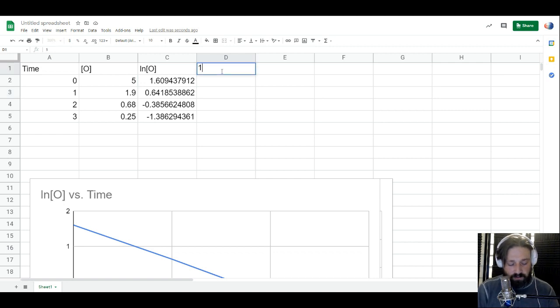For the sake of completion, though, let's go through and do the reciprocal of these. Again, you can do this in your calculator: 1 over this.